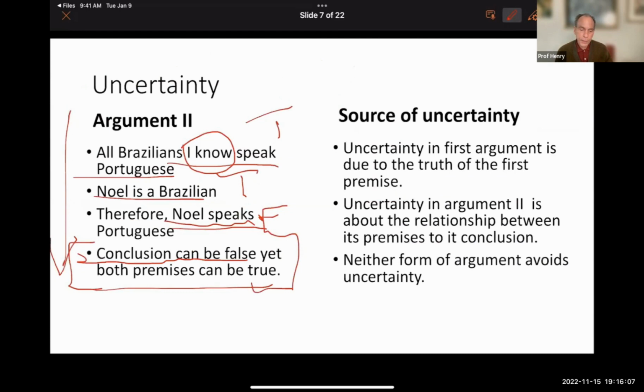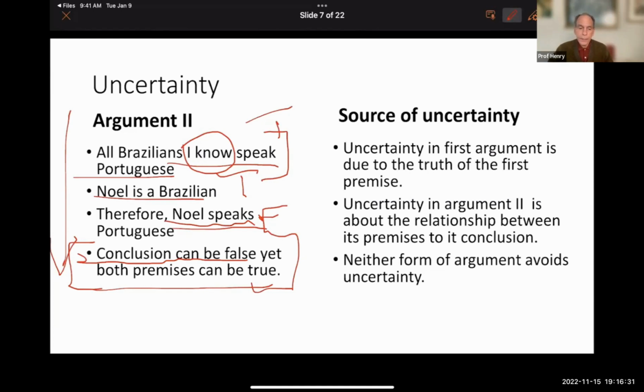I could only say that this doesn't cover the whole universe. Okay, if that makes sense. But it's still a true premise, because everyone I know speaks Portuguese.